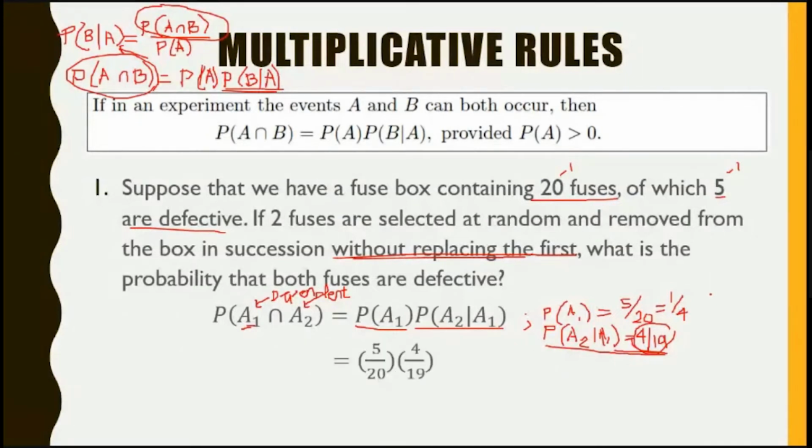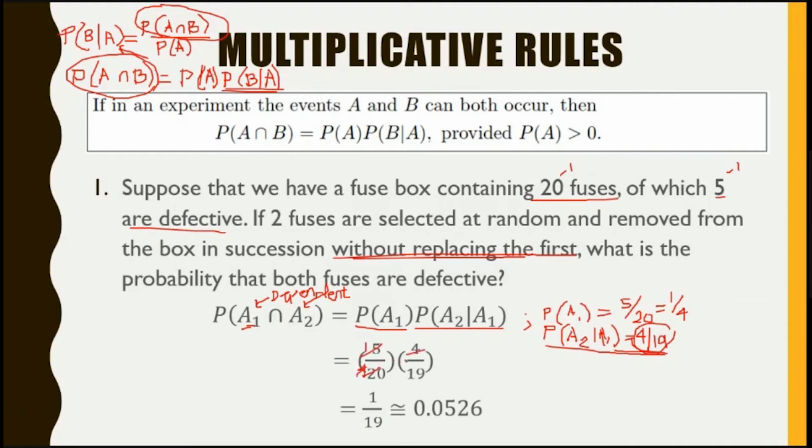So that's 5 over 20, or simply 1/4, multiplied by the conditional probability, which is 4 over 19. Now, since this is equivalent to 1/4, then we can cancel out again 4 here.